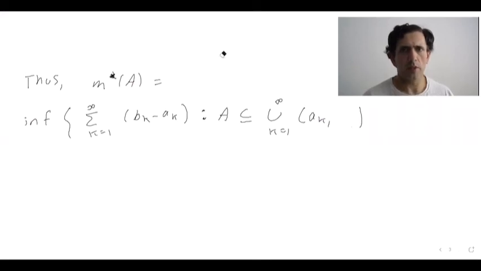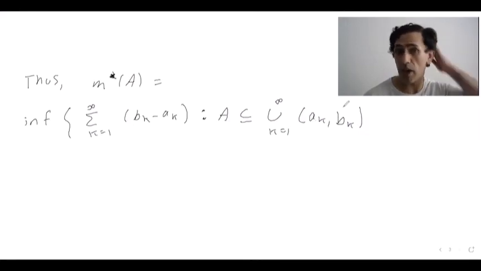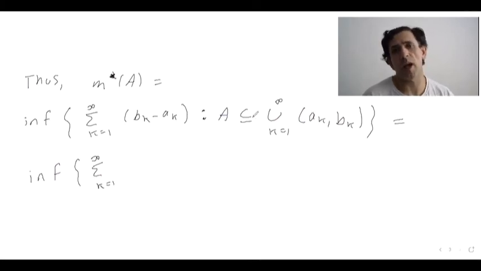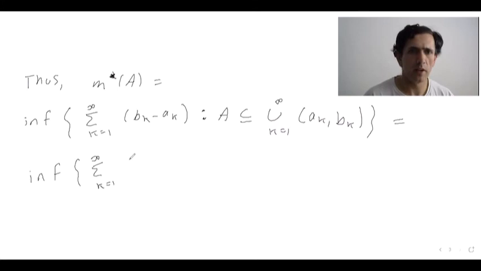Okay, well, as I just mentioned, these intervals cover A precisely if, in other words, when A plus x is covered by (a_k plus x, b_k plus x) for all natural numbers k. Okay.